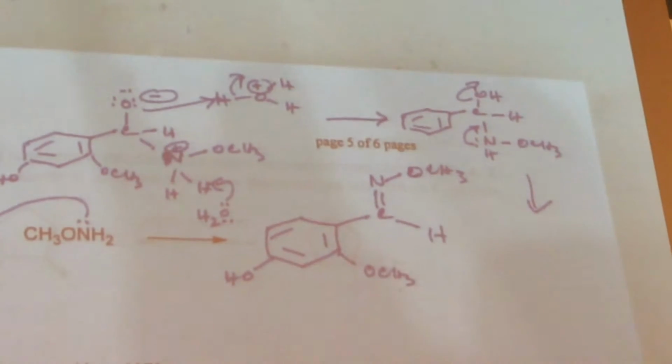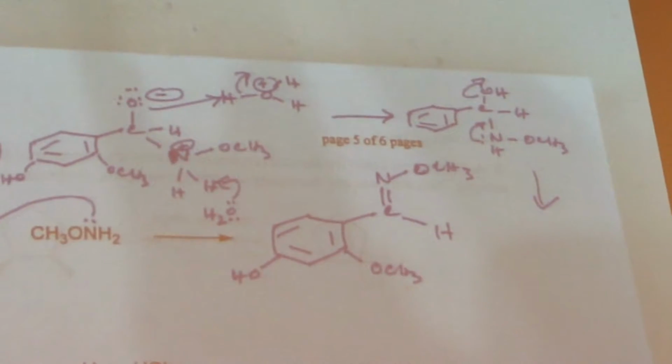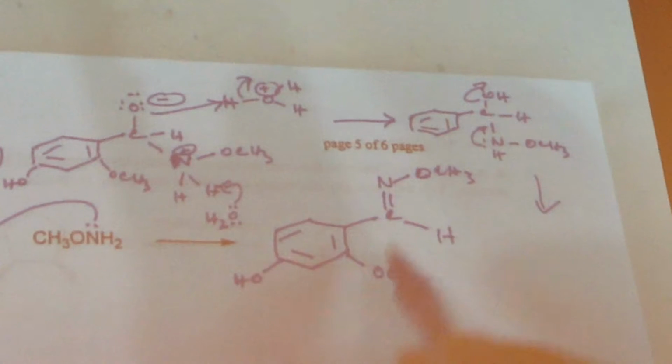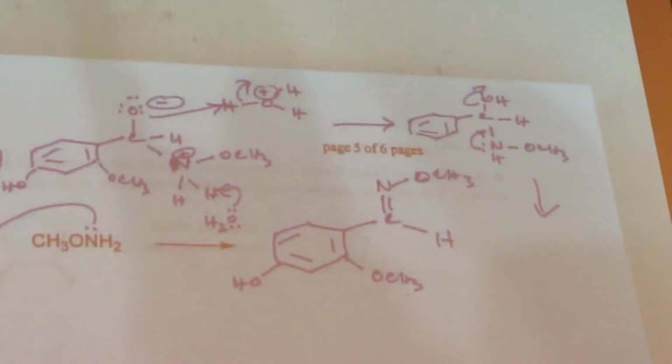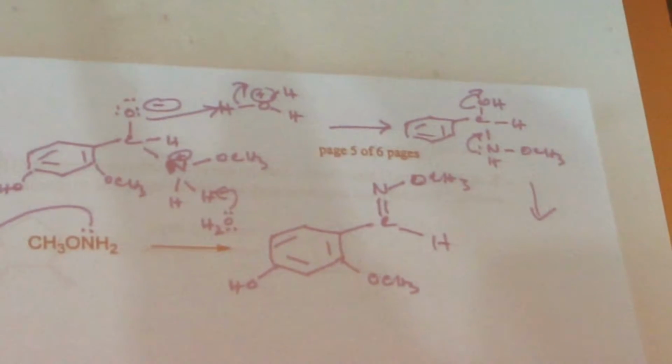So then the lone pair of electrons on the nitrogen can undergo protonation, followed by elimination of this group, and then subsequent steps, pretty much proton transfer and so forth, ultimately giving you the carbon nitrogen double bond, right?